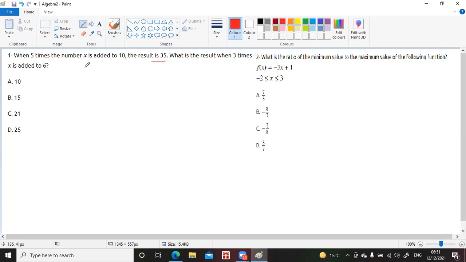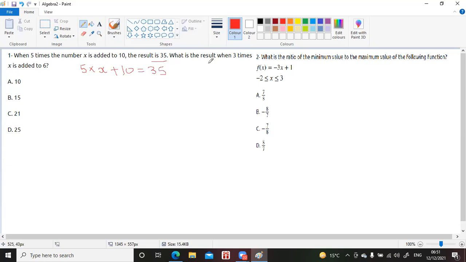Okay. So what is it? What is the mathematics of the statement? When 5 times the number x is added to 10, the result is 35.